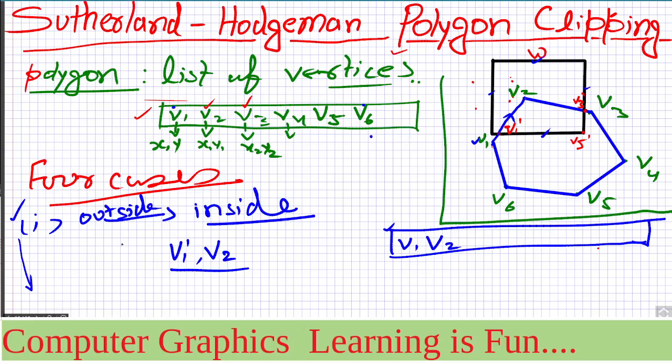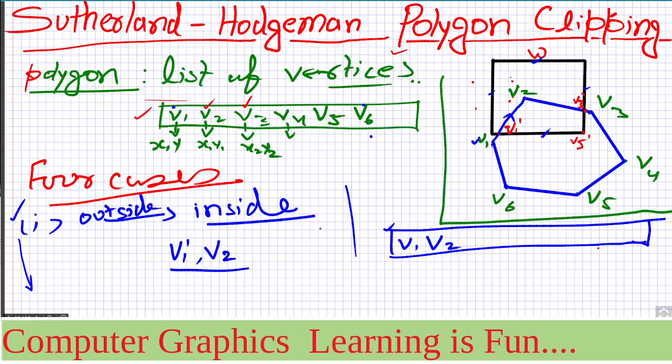Let me repeat what I said: these four cases we are trying to see, whether the line is going from outside to inside, inside to inside, inside to outside, or outside to outside. All these four cases we will have to evaluate against each of the four boundaries of the window. Okay.